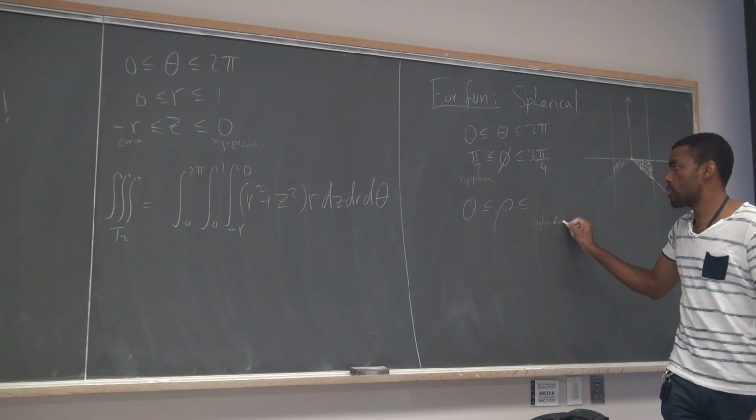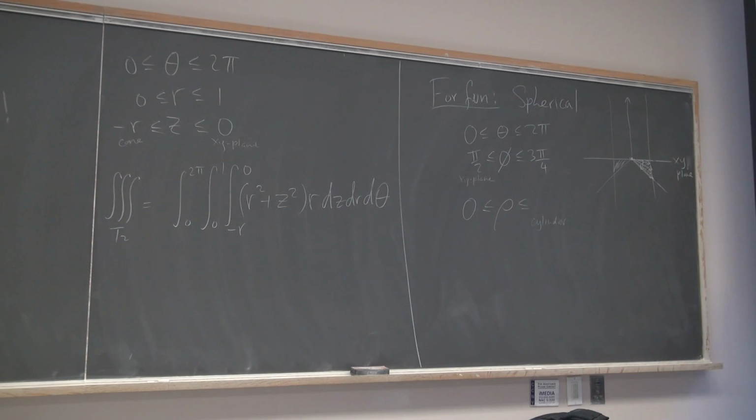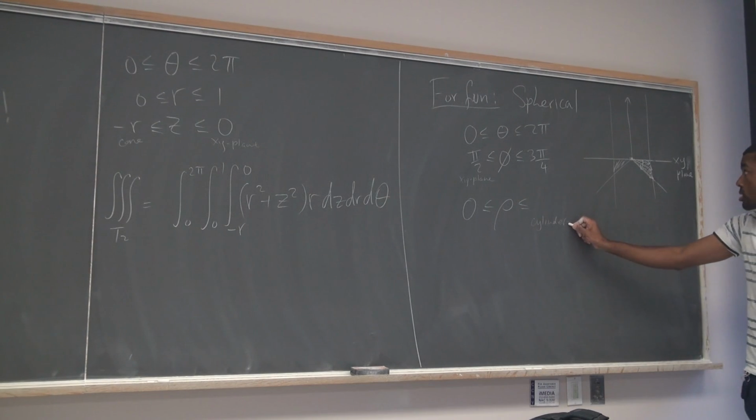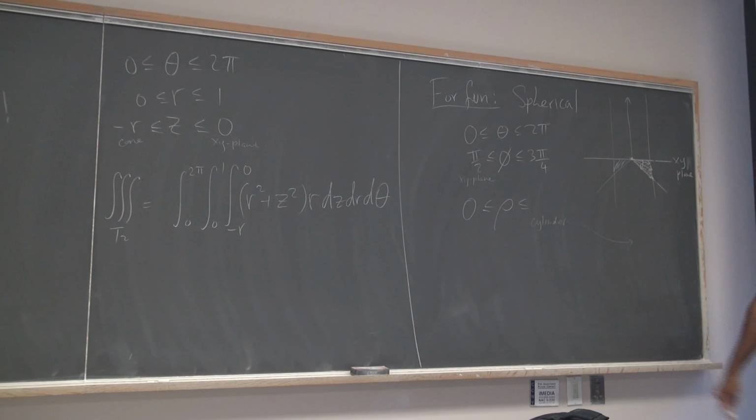Could you sub in x squared plus y squared equals 1 into the cone function, like z equals negative square root of x squared plus y squared? So what is the cylinder then?